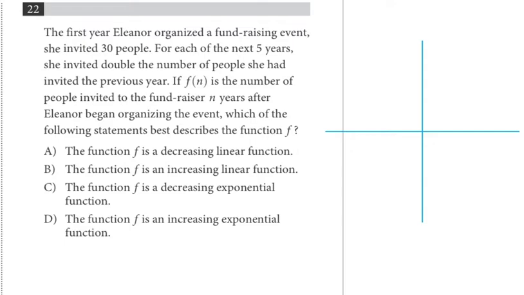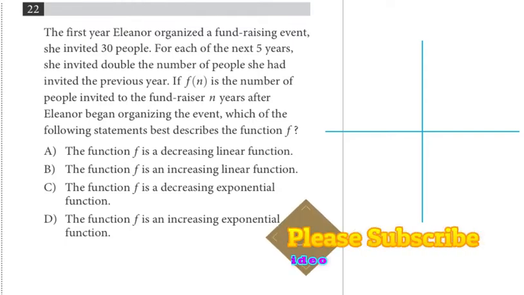So let's look at this as a function f of n on the graph to the right here, where the x-axis will be the number of years, n years after Eleanor began organizing the event. It says for each of the next 5 years, she invited double the number.